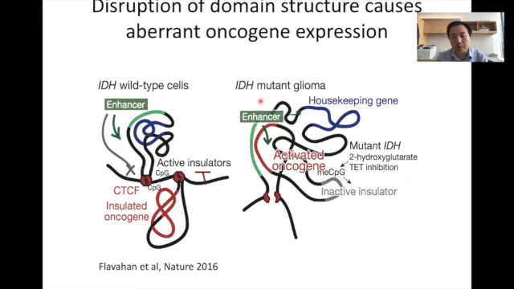But once you have the IDH mutation, the DNA binding motif, the CTCF motif, is methylated. As a result, the protein can no longer bind to its motif. As a result, the 3D structure is disrupted. And then the enhancers can now contact the oncogenes and further drive its expression up by almost 4-fold. As a result, it contributes to carcinogenesis.